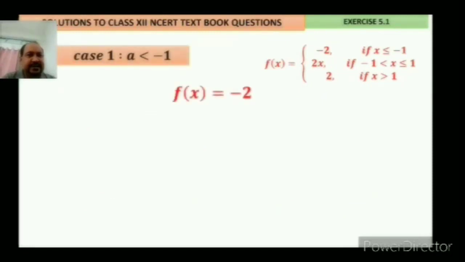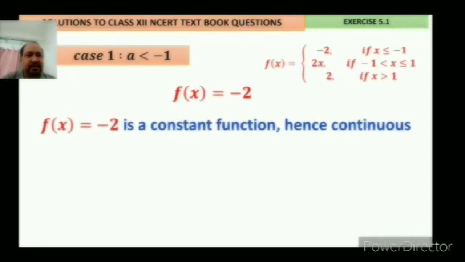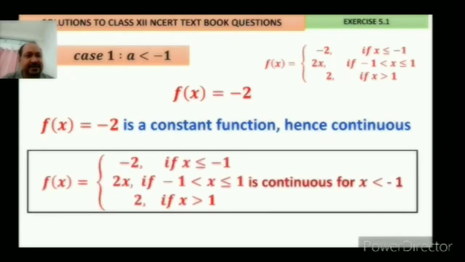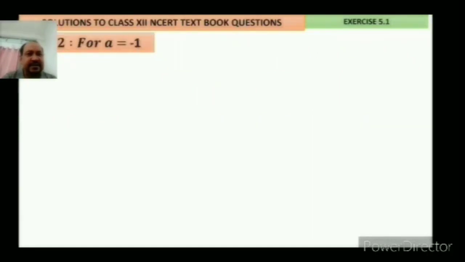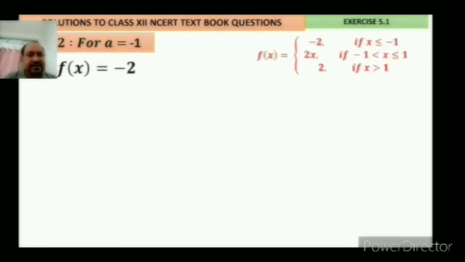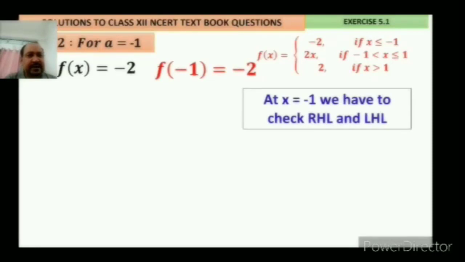Case 1, a is less than minus 1, f of x equal to minus 2. f of x equal to minus 2 is a constant function, hence it is continuous. For case 2, when a equal to minus 1, the value of the function f of minus 1 equal to minus 2. Now at x equal to minus 1, you have to check RHL and LHL also.